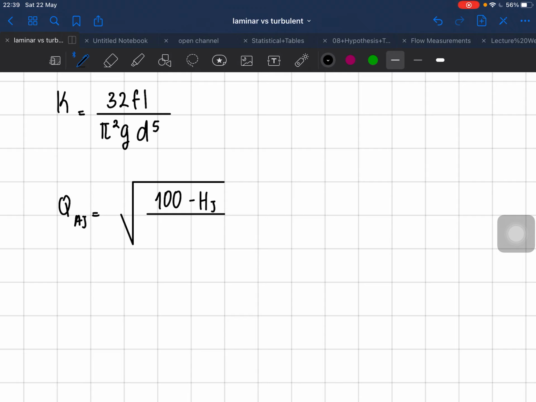And we have K. So the answer that we have here is the final equation 1.